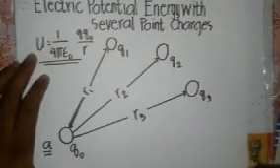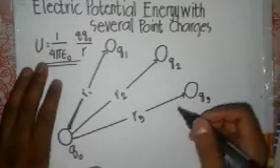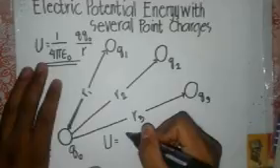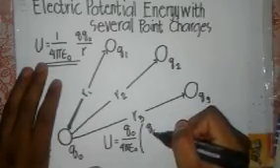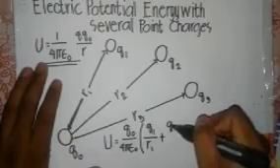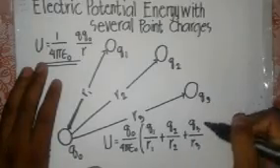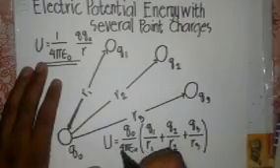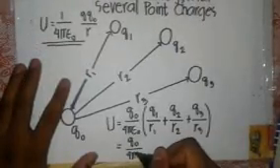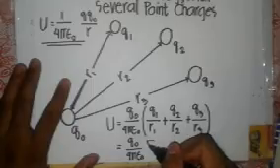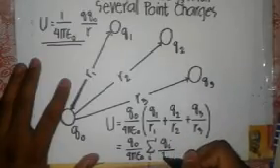So now our equation for a point charge q naught and a collection of charges is U equal to q naught over 4 pi epsilon naught times q1 over r1 plus q2 over r2 plus q3 over r3, or this can be written as q naught over 4 pi epsilon naught times the summation over i of q sub i over r sub i.